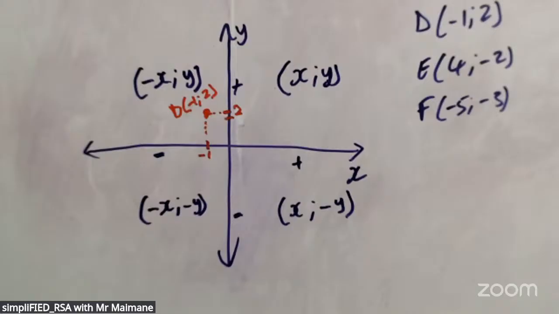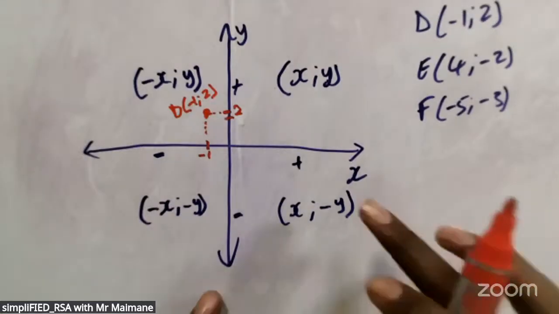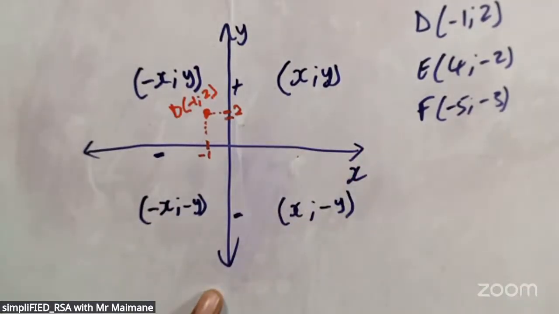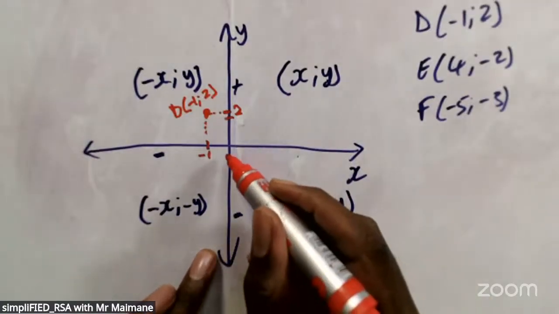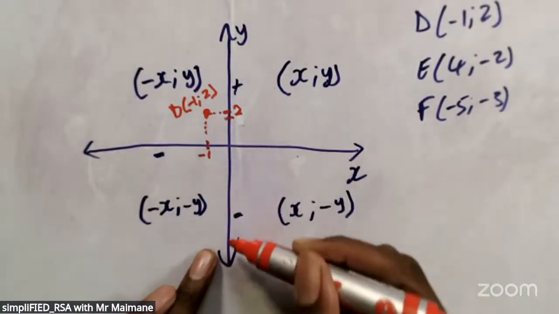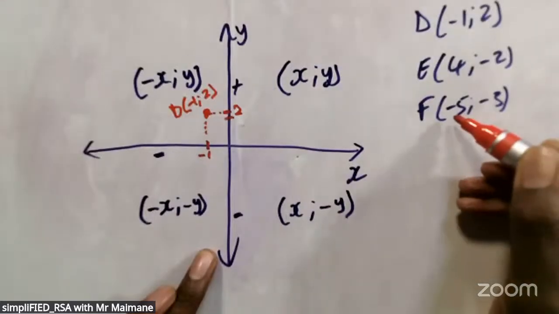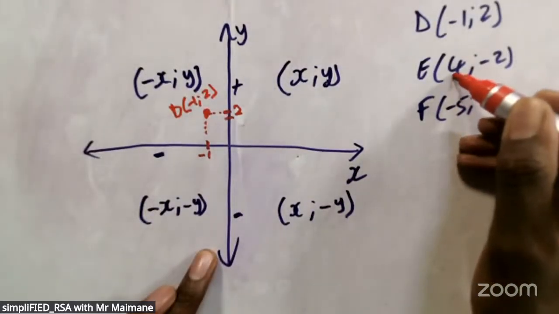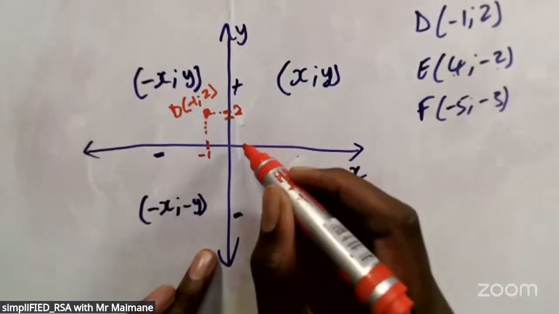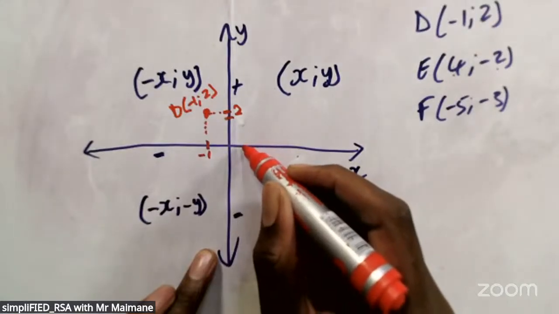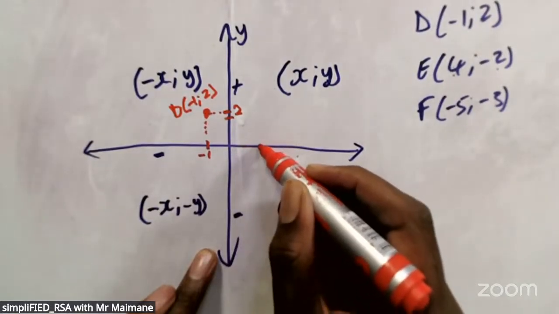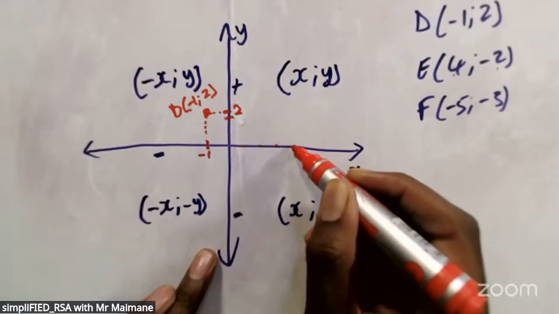Fourth quadrant. So for E, this part represents Y, this part represents X, and this value represents X, this value represents Y. So for X, we're going to count: 1, 2, 3, 4.